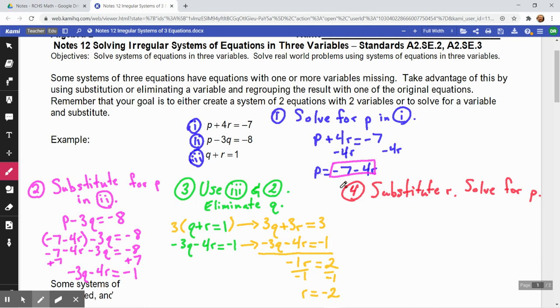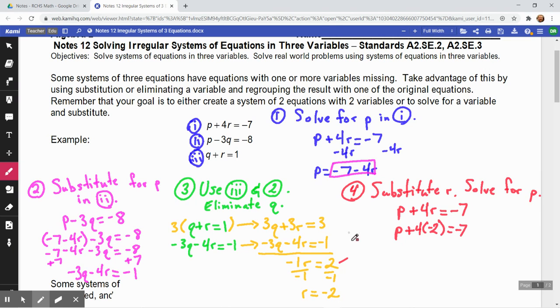So equation 1 said P plus 4R equals negative 7. But we know that R is equal to negative 2. So let's go ahead and replace that. So P plus 4 times negative 2 equals negative 7.